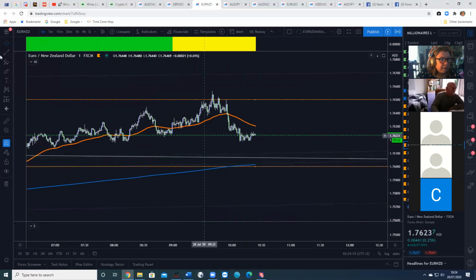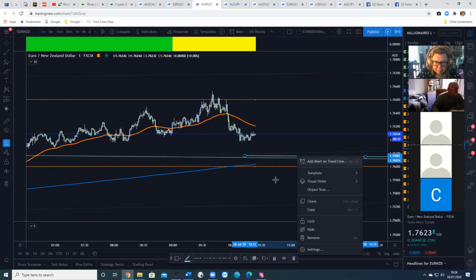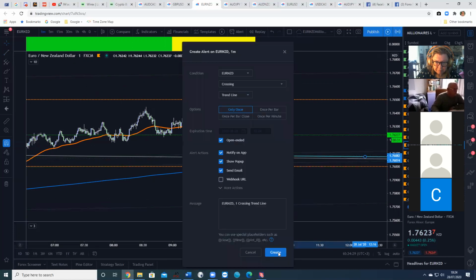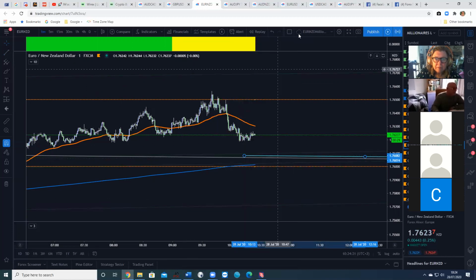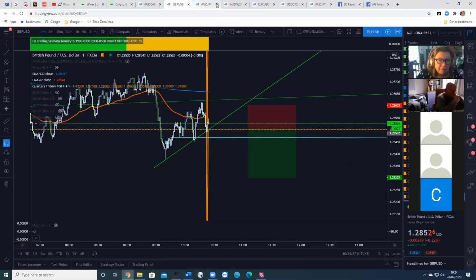I think I'll put an alert down there because there's a trend line meeting quarter theory and it looks like it's pushing down. That's EN.